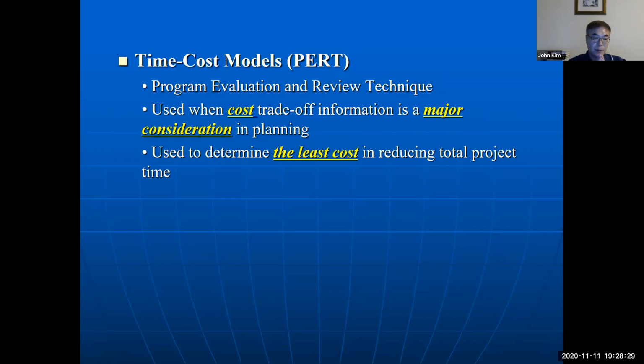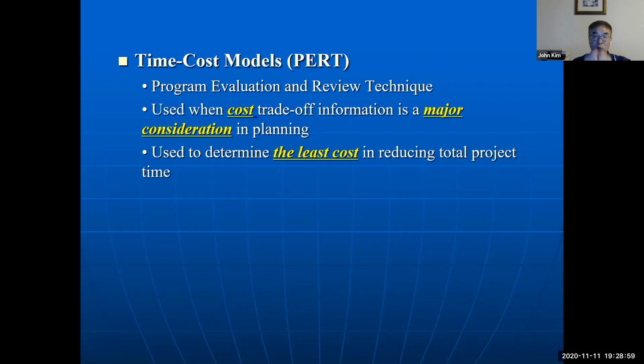To complete a certain activity, normally we use 5 workers, and the normal finish time is like 10 days. But if we use more workers, like 6 or 7 workers, then maybe the completion time of the activity is shorter.